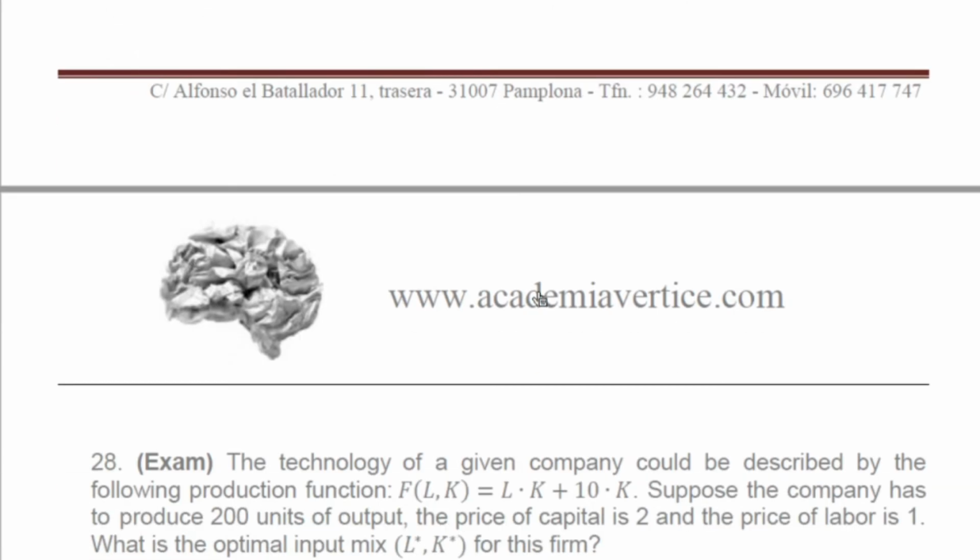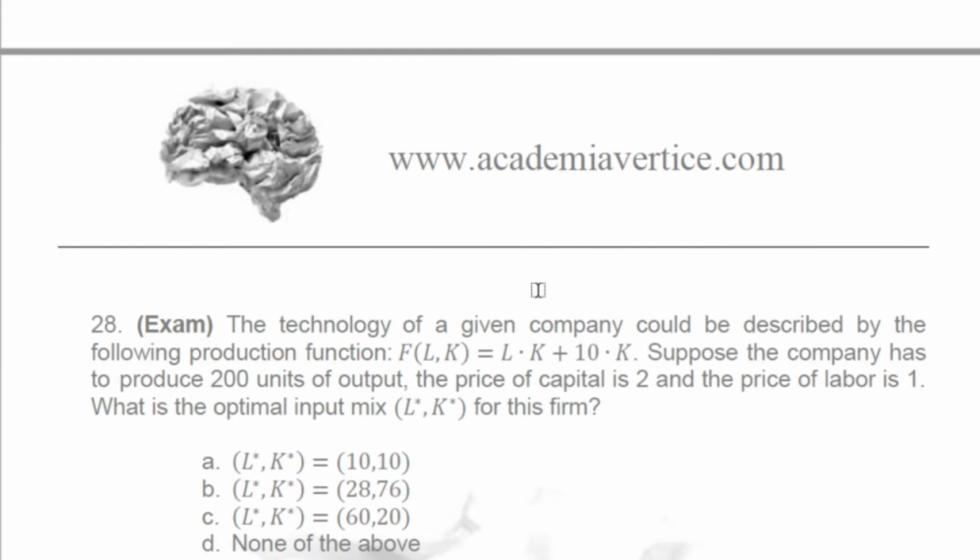28th. Now another exam question. The technology of a given company could be described by the following production function: LK plus 10K. Suppose the company has to produce 200 units of output, the price of capital is 2 and the price of labor is 1. What's the optimal input mix L, K star for this firm?